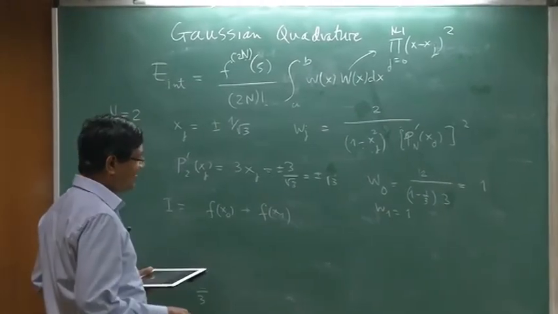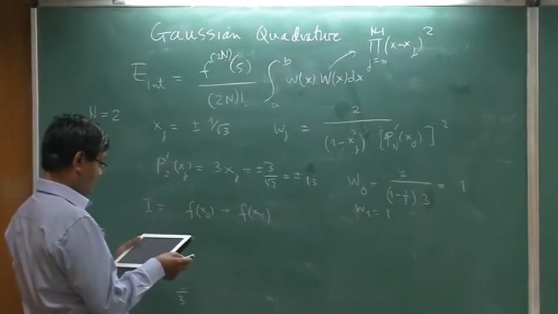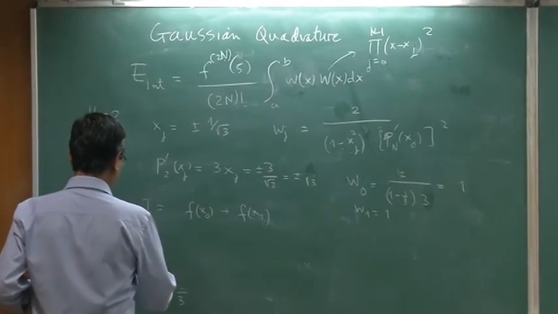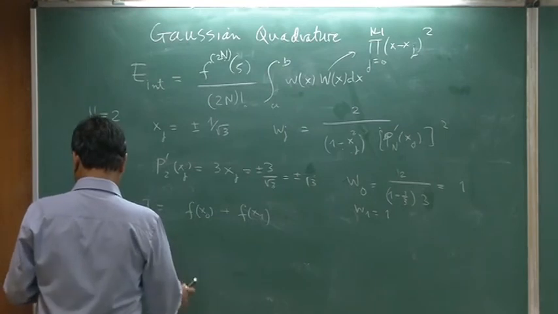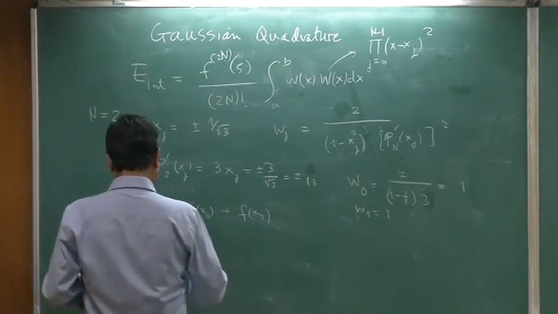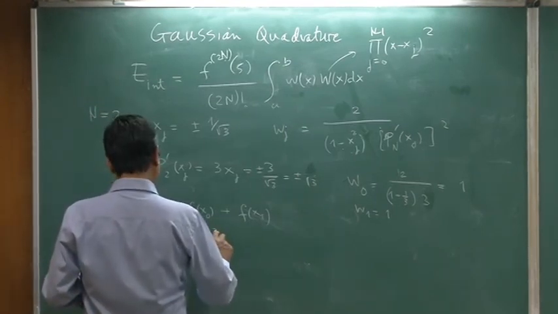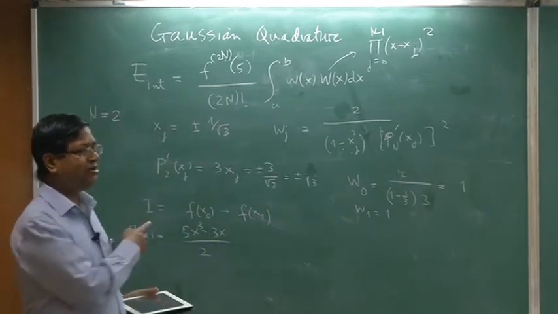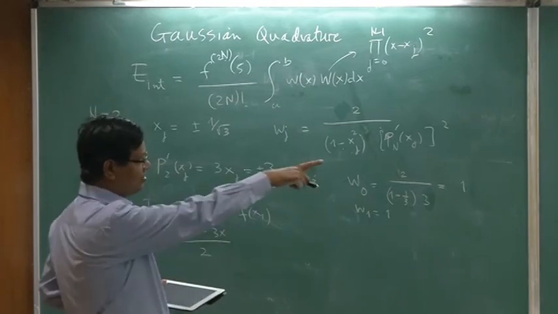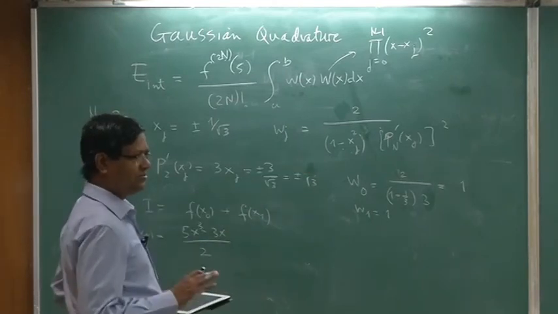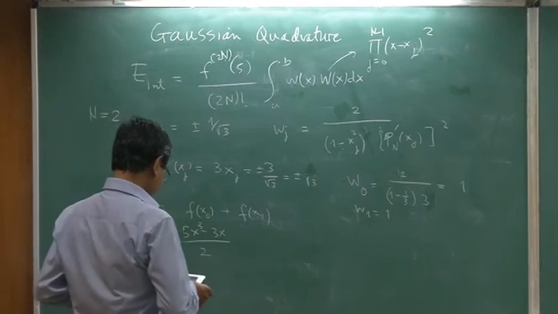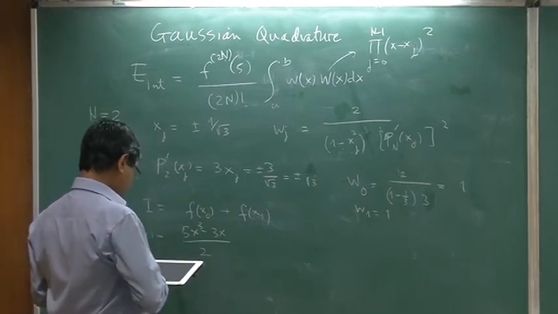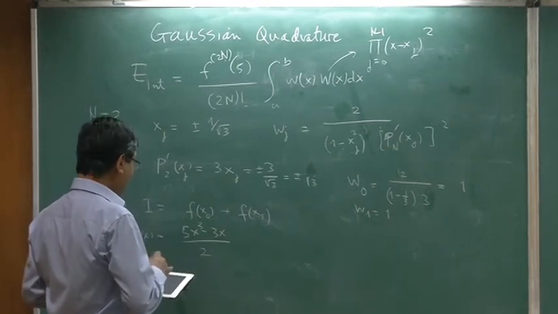For 3, I have to write down the third order polynomial. So p3 of x is 5x cubed minus 3x by 2. By the way, the gamma is not 1 for this. Now you can just derive it, okay.